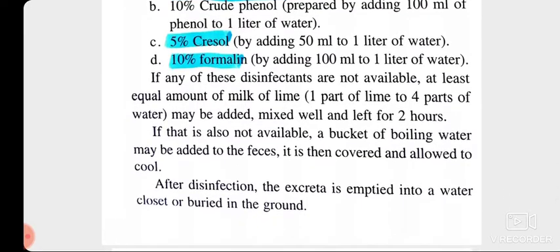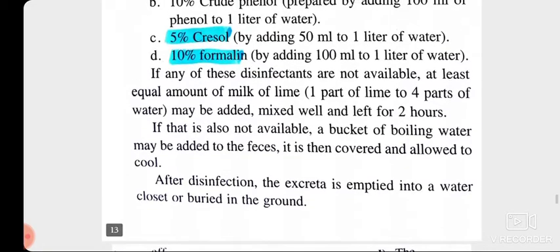If these disinfectants are not available, we can use milk of lime, that is 1 part of lime to 4 parts of water. This can be added to sputum, feces and urine, and left for 2 hours for proper disinfection.